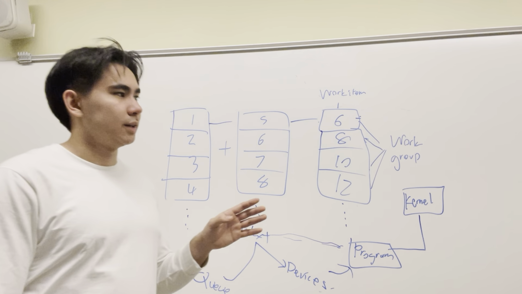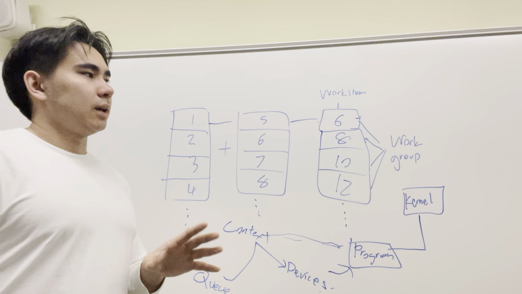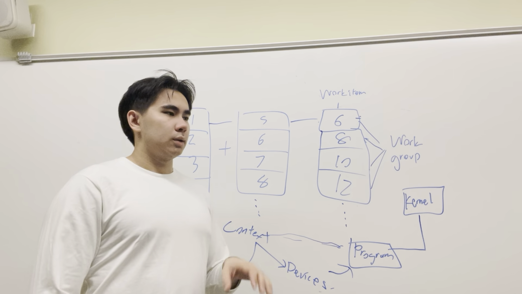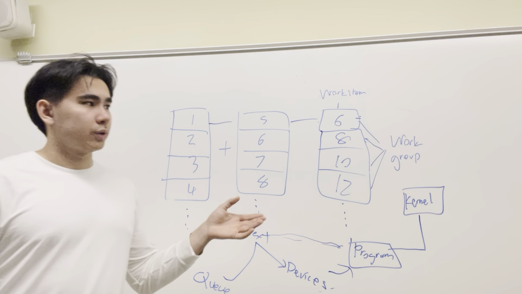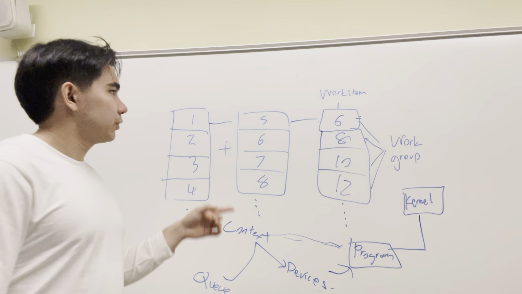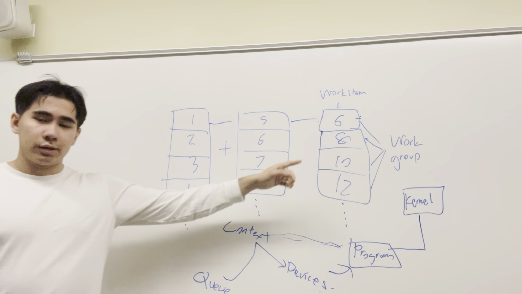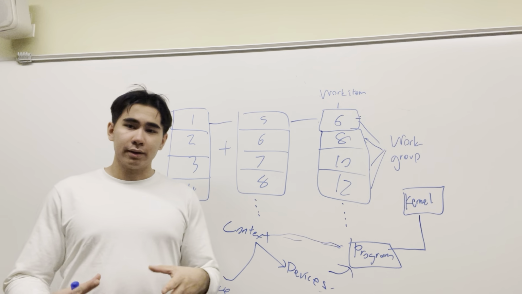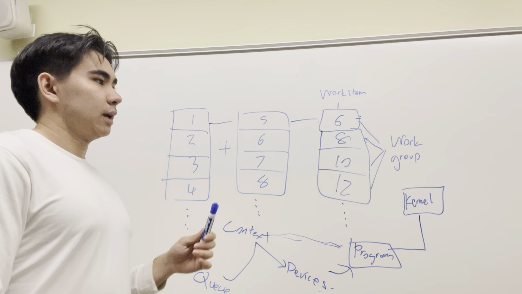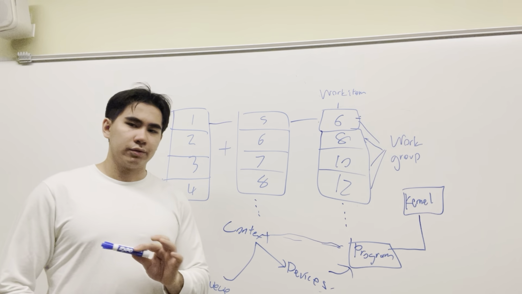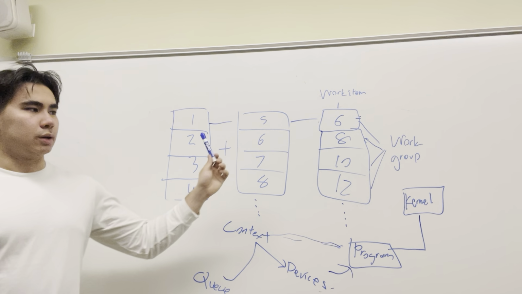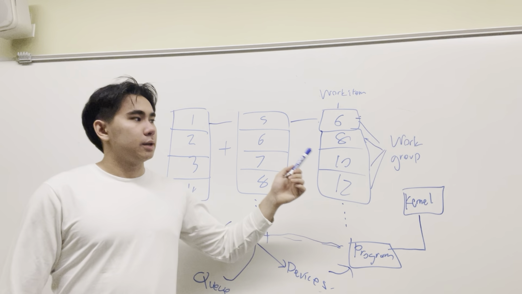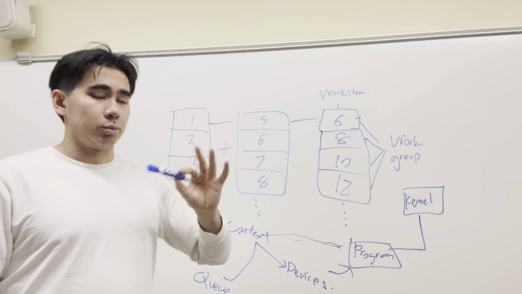OpenCL has some aspects which try to make this safe. So, for example, each of these work items that I mentioned is isolated in its own environment. And as a result, there are distinct memory spaces that you can work with. Each work item is going to have its own private memory.